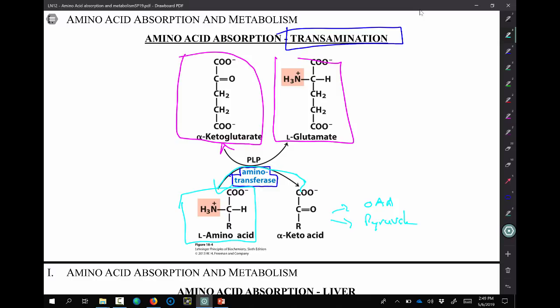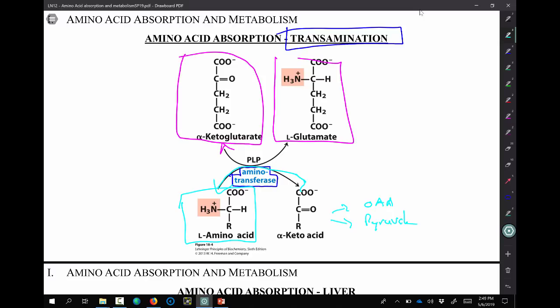So that's a convenient way to shift the amine group from one amino acid to another. Alanine, as we're going to find out, alanine, glutamine, and glutamate all are really central to this whole thing. Aspartate plays an important role in it as well. Those are the most common types of amino acids that we find carrying nitrogens.